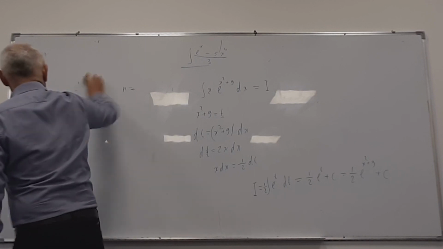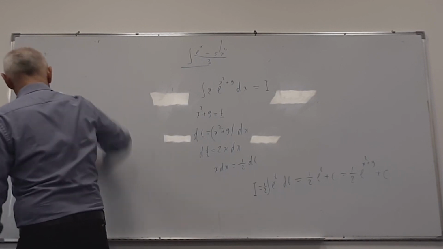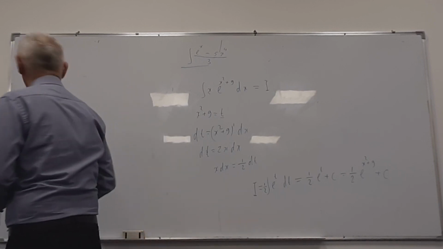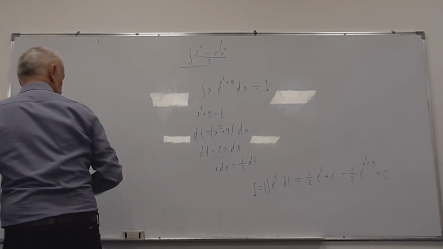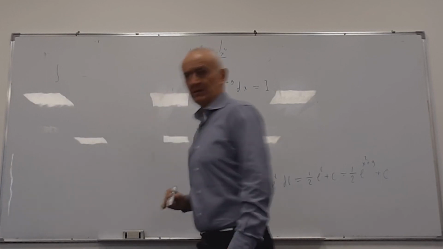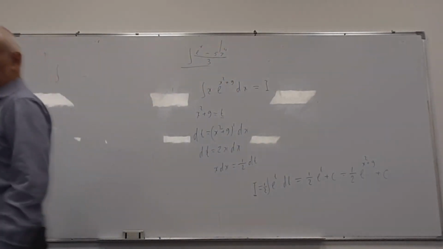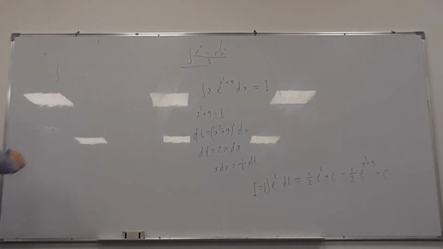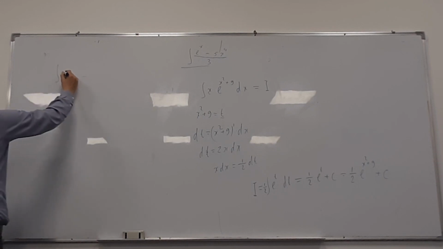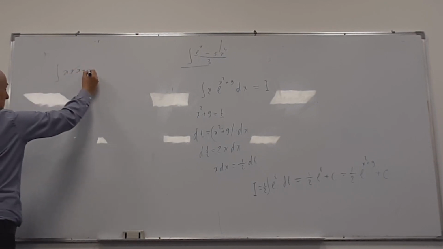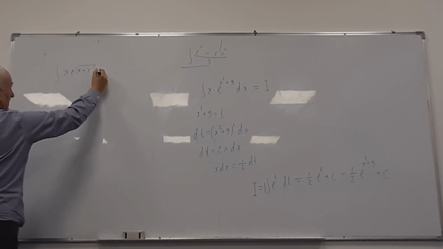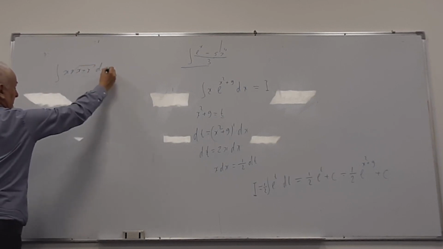Okay, next type of indefinite integral: the integral of x multiplied by the square root of x plus 7, dx.